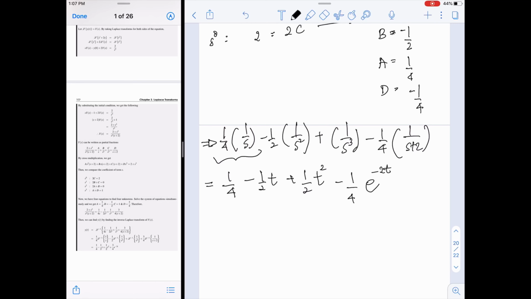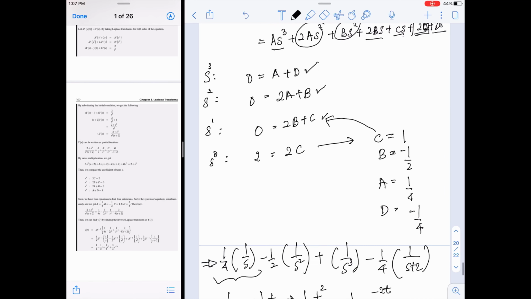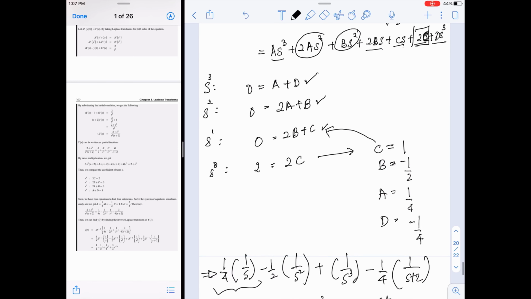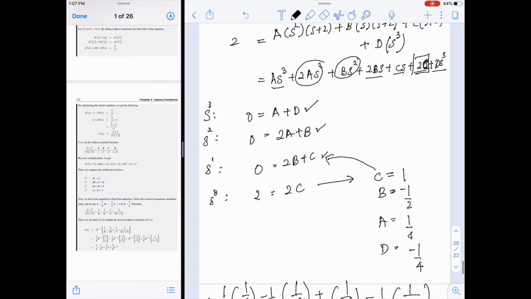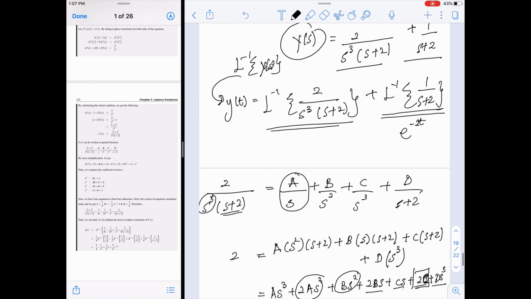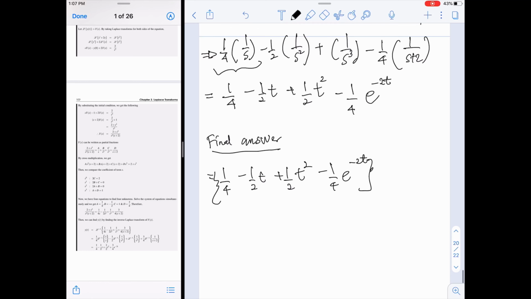The answer you get over here is only for the partial fraction term. For the final answer, you need to combine with the term that you already have previously: 1 over 4 minus 1 over 2 t plus 1 over 2 t squared minus 1 over 4 e to the power negative 2t, and then you need to plus 2 e to the power negative 2t.